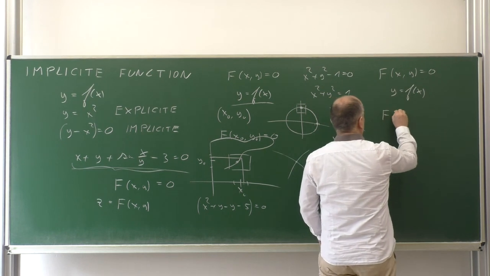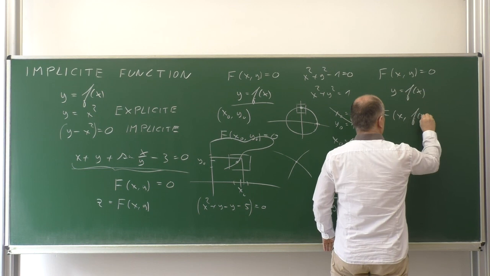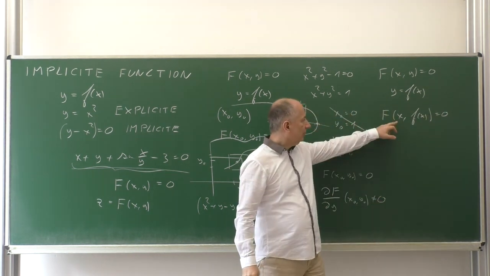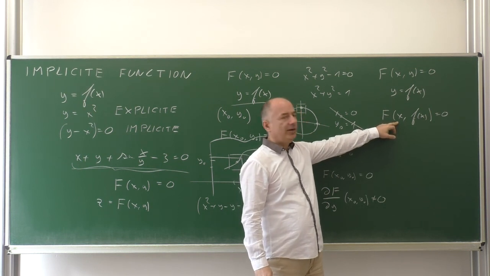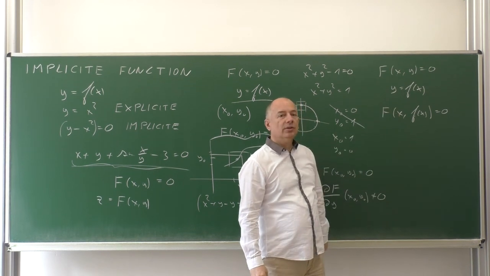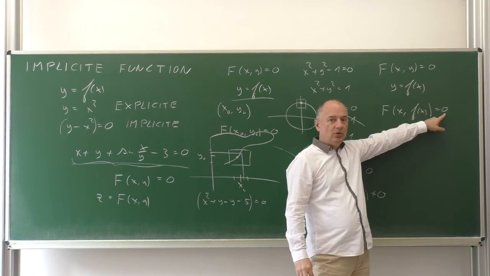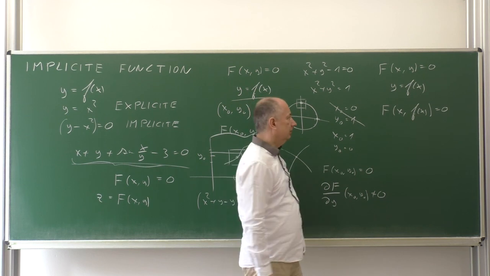Because if we write this in the form F(x, f(x)) is 0, and we want this to be identically equal to 0 for all x in some interval, then we can differentiate this. And if this expression is identically equal to 0 for all x in some interval, then even the derivative will be 0.